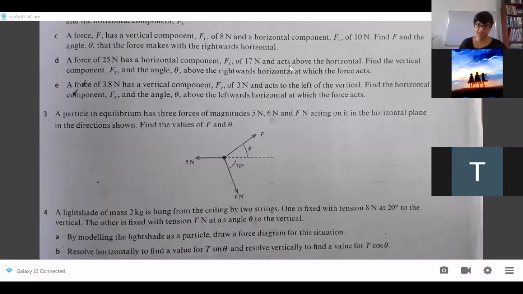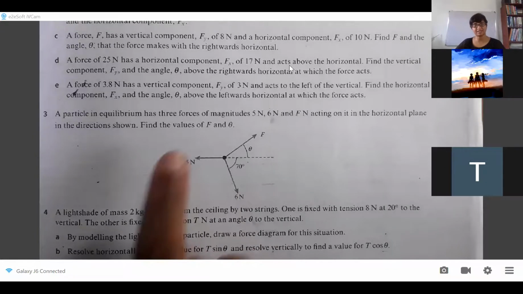Okay, so copy the question with the diagram. You can just copy the diagram and say, find the value of F and theta. That would be enough.